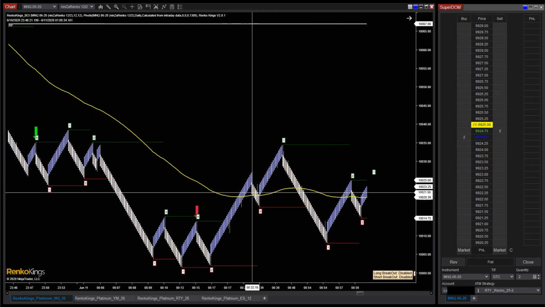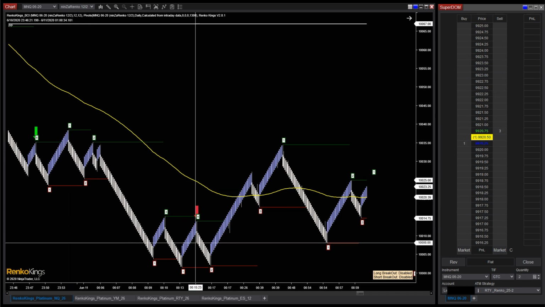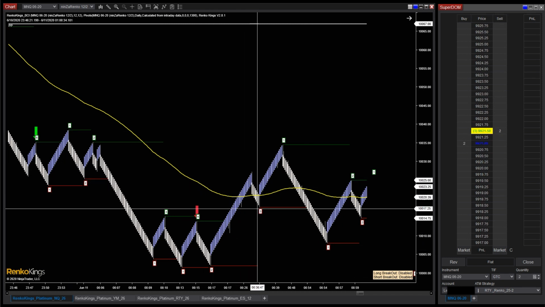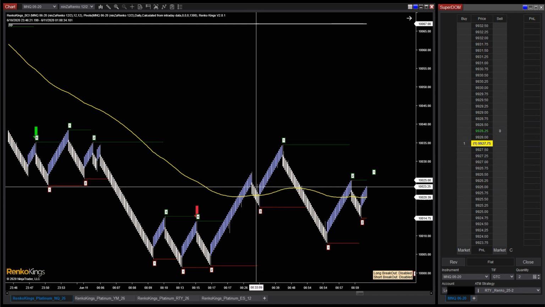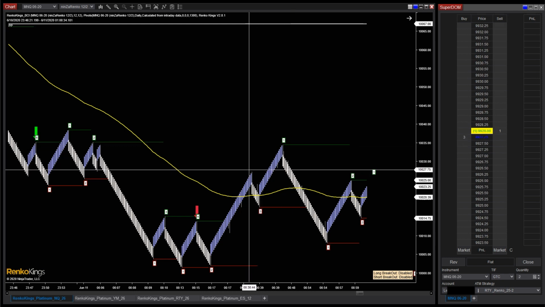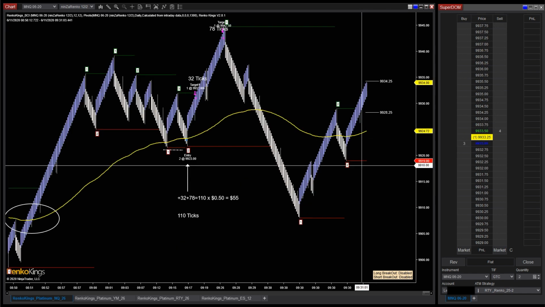Okay, this isn't a great example, but this is an example where we're below the trend line, we come up, okay, we bounce off of it, and again, this isn't a clean example, but, and then what happens? We continue higher, and you would have gotten stopped out right here. Okay, that's what I'm trying to explain. All right.